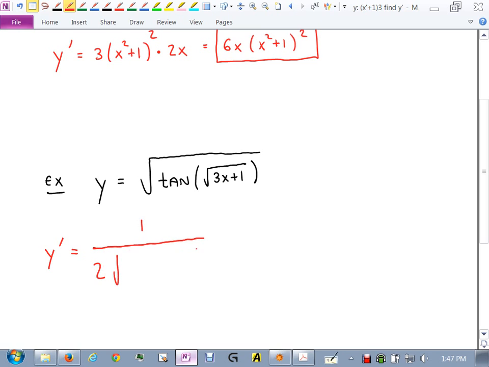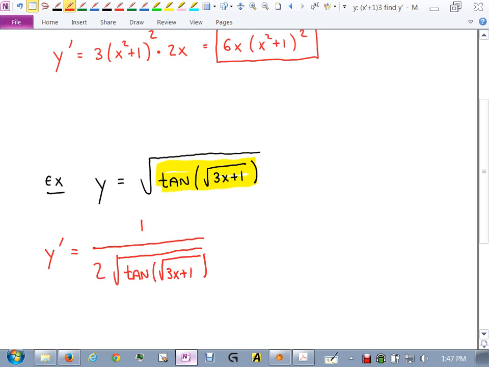The keyboard was everything in here. That was the keyboard. So tan of the square root of 3x plus 1. Agreed? Okay, we have now done the outer layer of the onion.